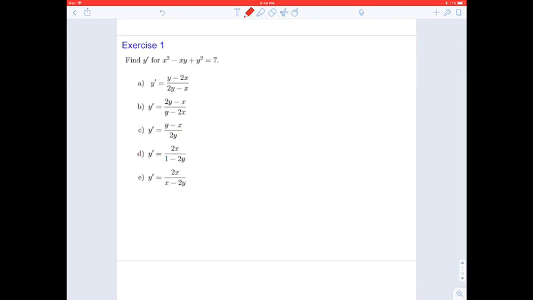Differentiate the equation x squared minus xy plus y squared equals 7. That means I will take both sides of the equation and differentiate with respect to x. X squared minus xy plus y squared, and then I will also differentiate with respect to x the right hand side.